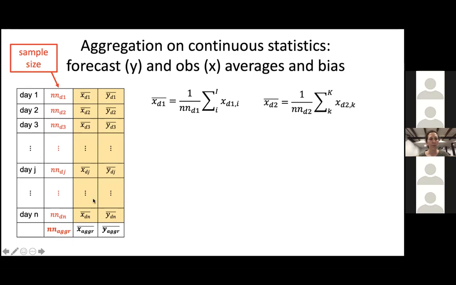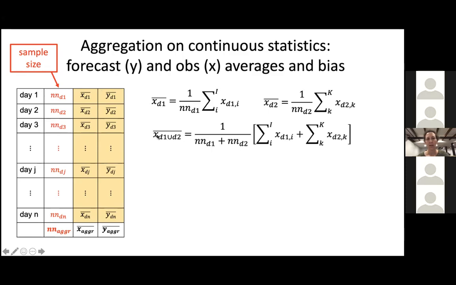So we start from the average. You have the average of the observations and the average of the forecasts for every day, computed from all the stations that reported that day. How do we calculate the aggregated averages to calculate the aggregated bias?